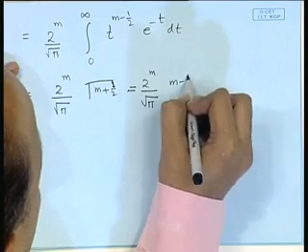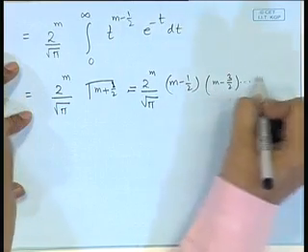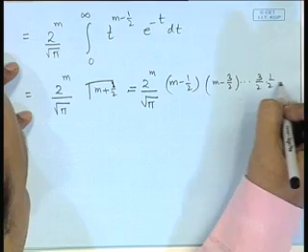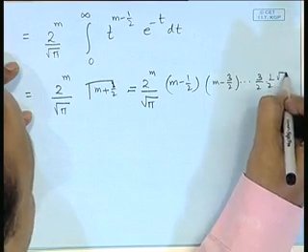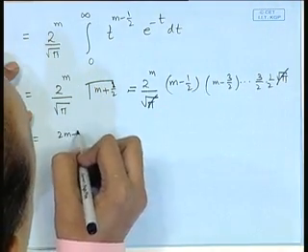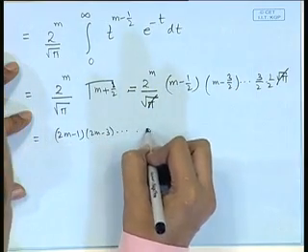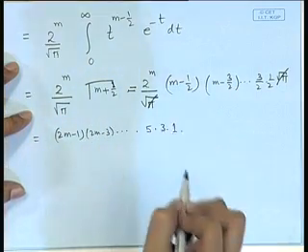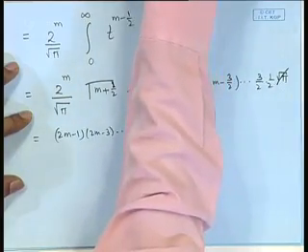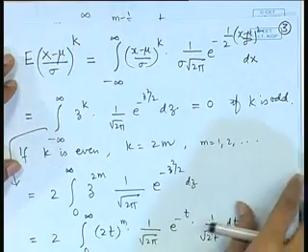We can write it as m minus half, m minus 3 by 2 and so on up to 3 by 2, 1 by 2 and gamma half, that is cancelling out. So it is equal to 2m minus 1, 2m minus 3 and so on up to 5, 3, 1. So we are able to obtain a general moment of (x minus mu) by sigma.